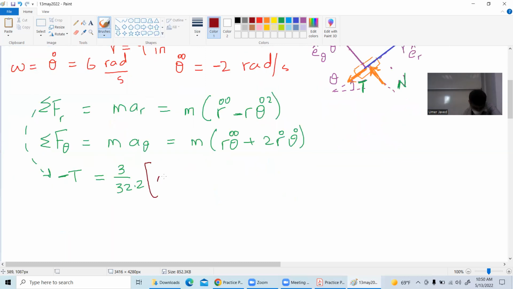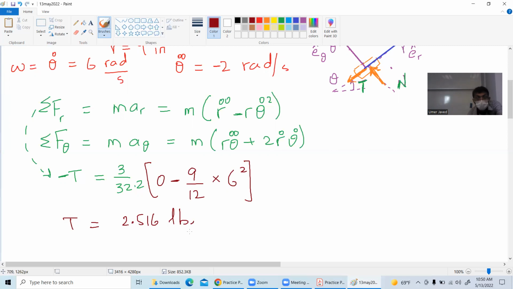I will agree with you. Minus, then I have r theta dot squared. R is the position given to me as 9 inches divided by 12, multiplied by theta dot given to me in radians per second. So T comes out to be 2.516 pound force.